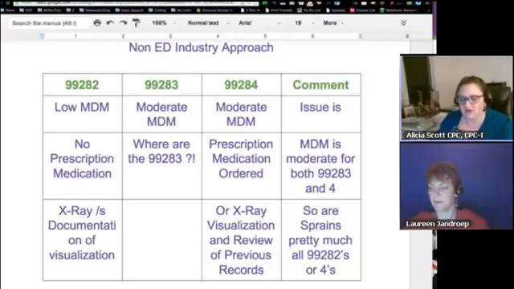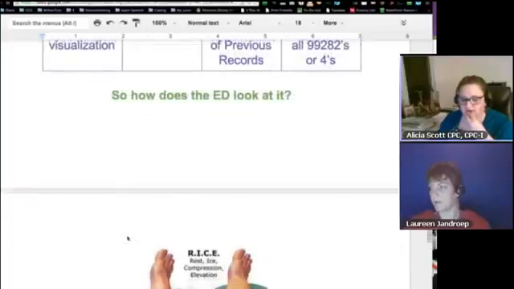And then look at 99284, x-ray visualization and review of previous records. So the problem is the MDM is moderate for both 99283 and 99284. So are our sprains pretty much always 99282s, or are they 99284s? If we scroll down a little bit more, we get another little bit more feedback.